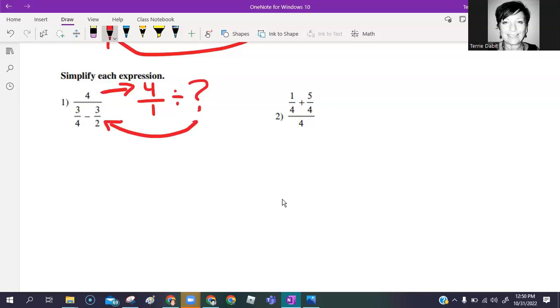So I would have to go on my scrap paper, or I might have a scientific calculator, which I do have in front of me. And so what I'm going to do is figure out what is 3/4 minus 3/2. So 3/4 minus 3/2 is negative 3/4.